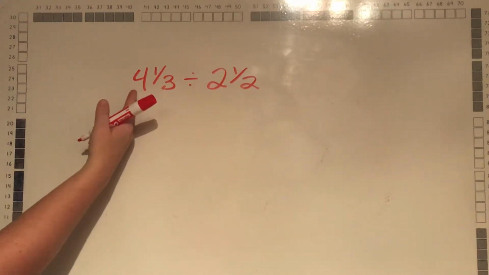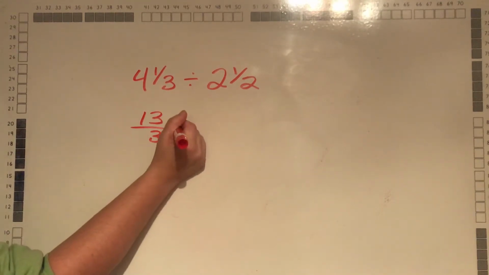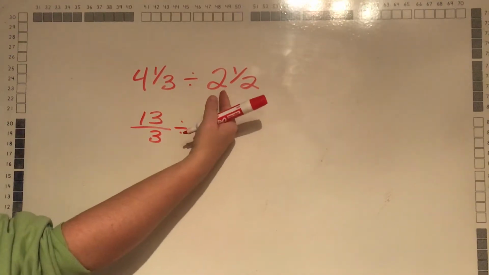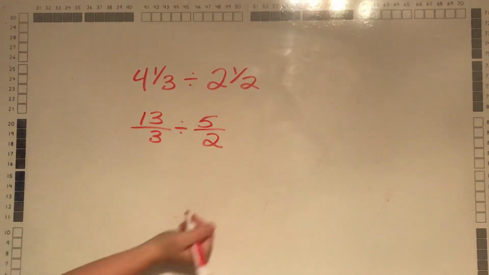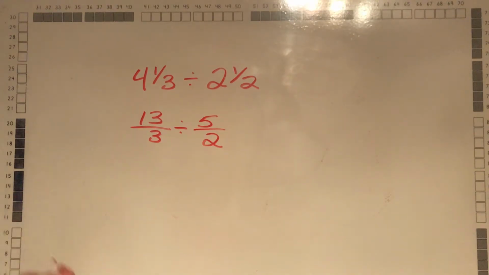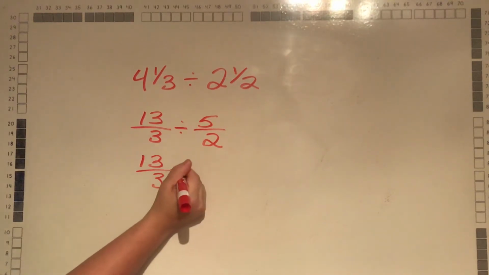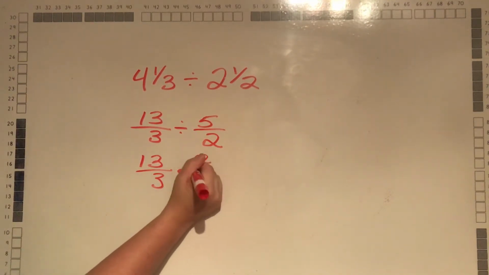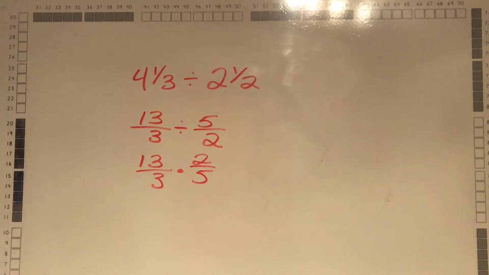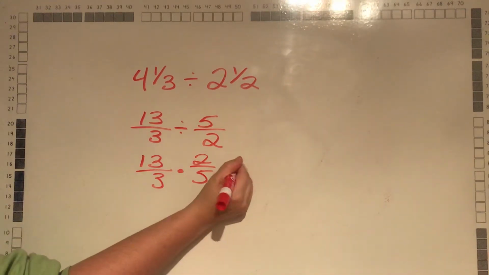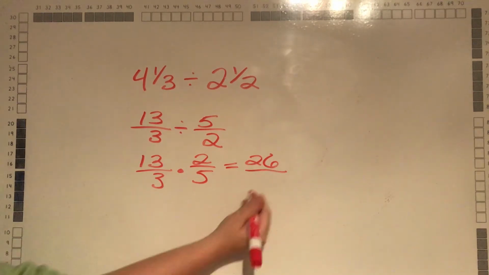So 4 times 3 is 12, plus 1 is 13, so 13/3 divided by 2 times 2 is 4, plus 1 is 5/2. Now we apply our rule for dividing fractions, and we know that 13/3 times 2/5 is equal to 13/3 divided by 5/2. So if we do this multiplication out, that's going to give us 26/15.